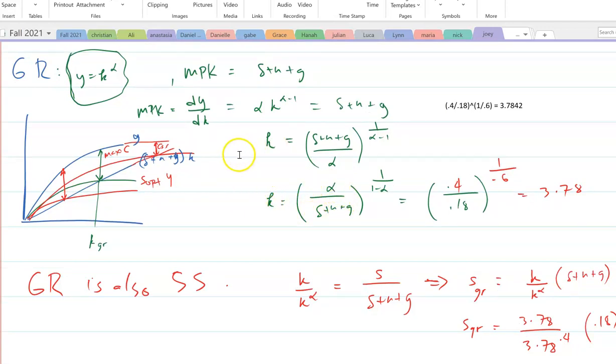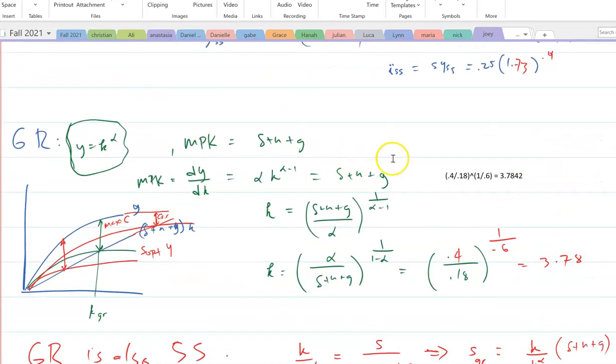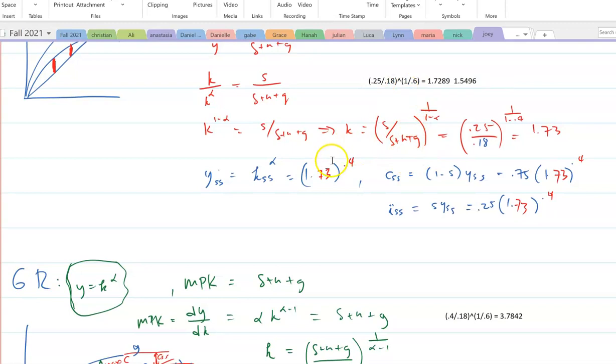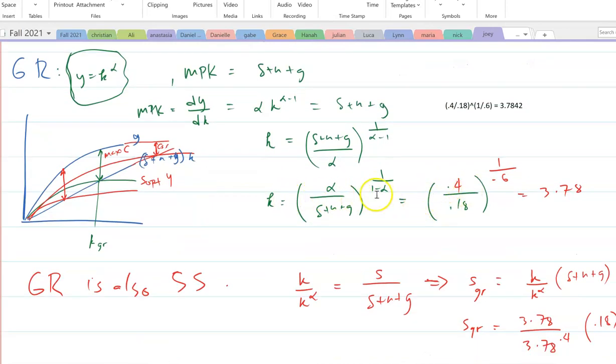We'll have the golden rule saving rate, which will be given by this, k over k alpha. This one is a numerical example, but you can solve for it without the numerical example.